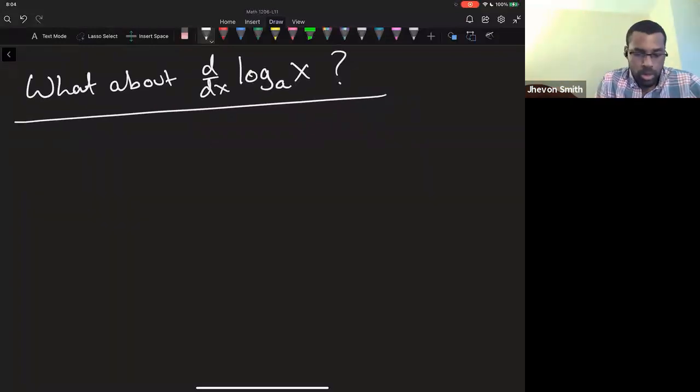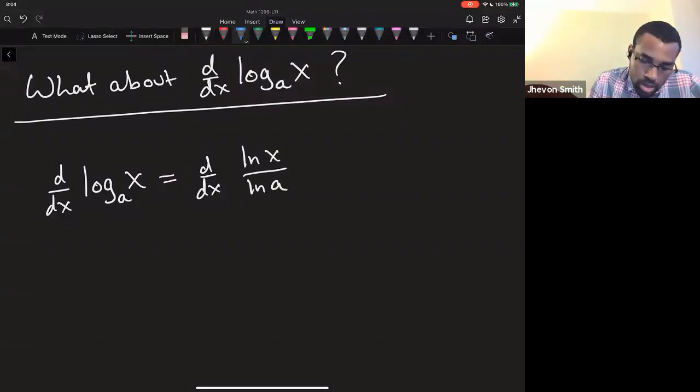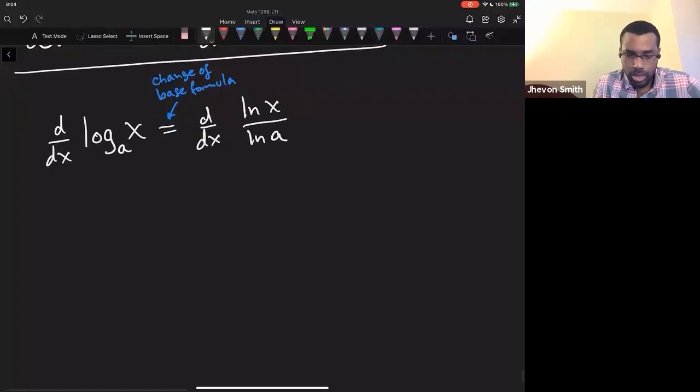We can use a change of base formula. That's why that's useful for us. The change of base formula says we can put in any convenient base. Ln is a convenient base because we know how to do that. And ln of a is just a constant.